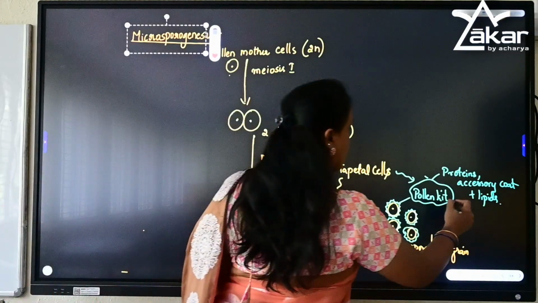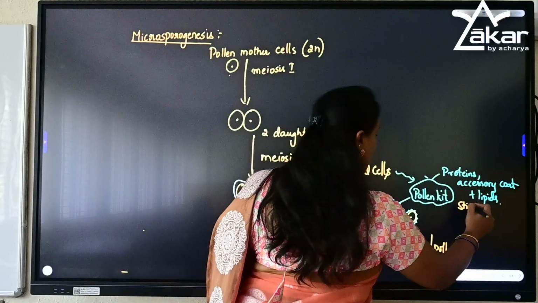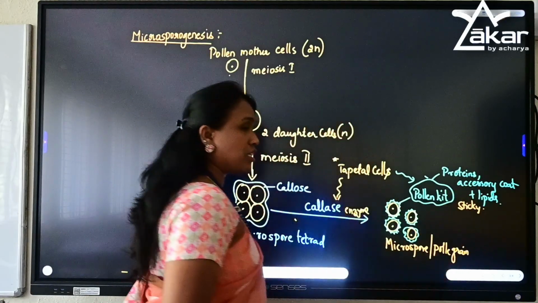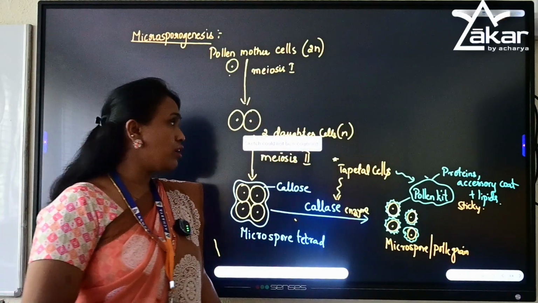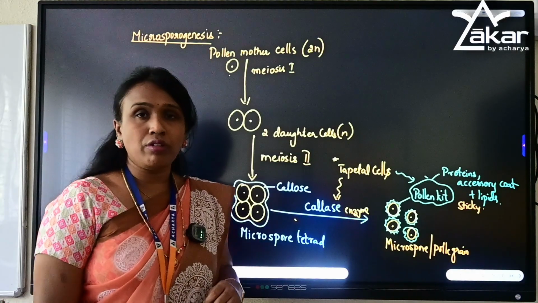Pollen coat is sticky, sometimes dry, as we see in wind pollinated flowers. So fine, that is all with the microsporogenesis.